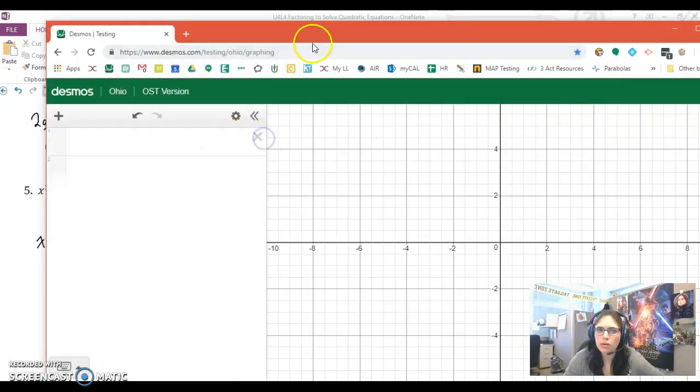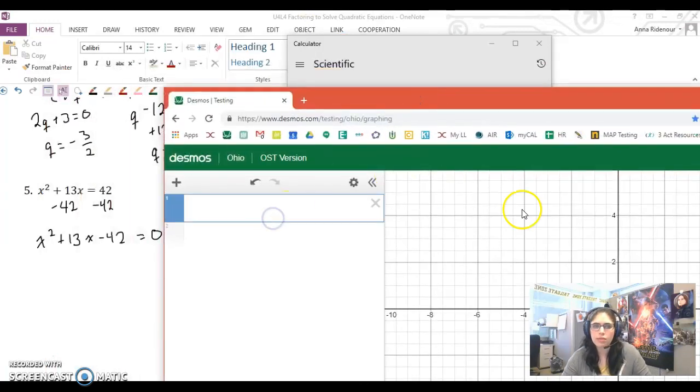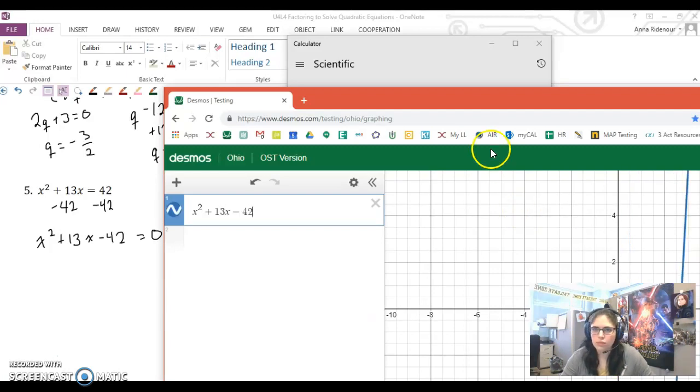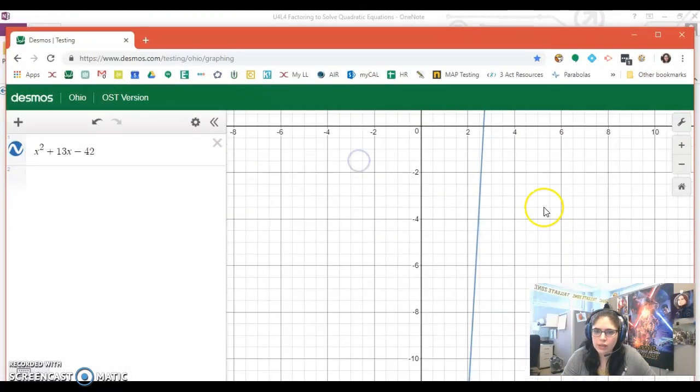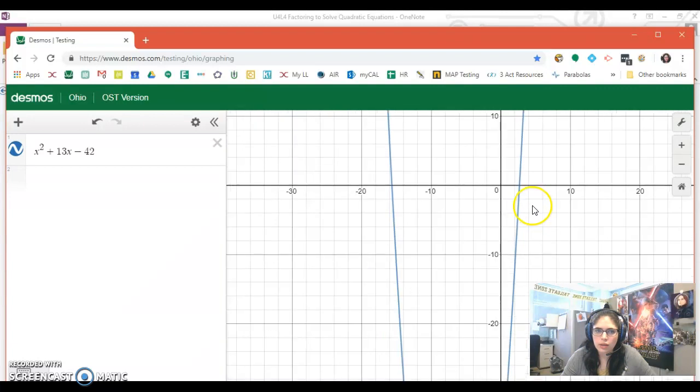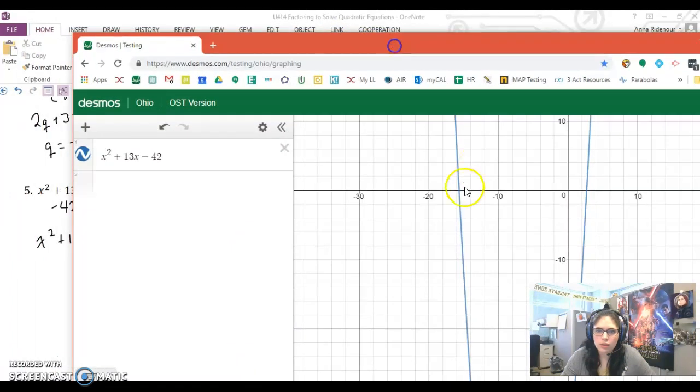So what I'm going to do is double check this one and see if there are any solutions. Yeah, there are solutions. But I can't factor it.